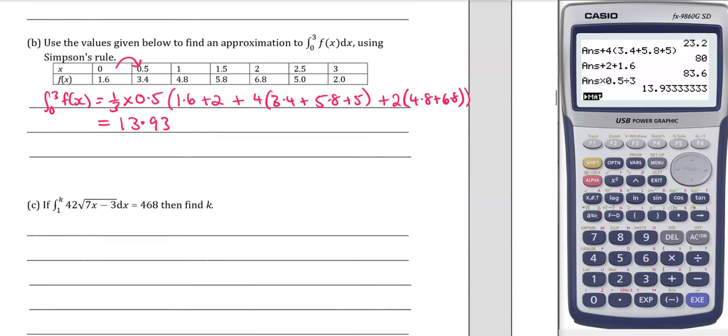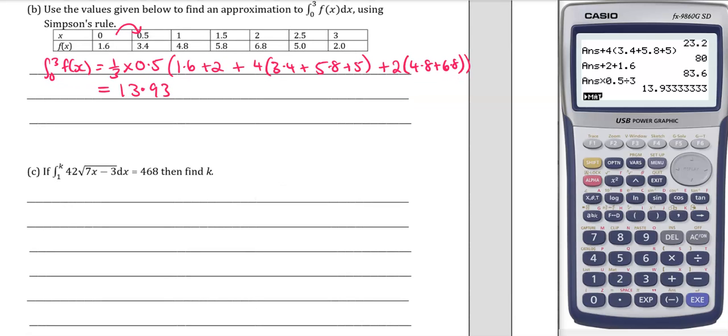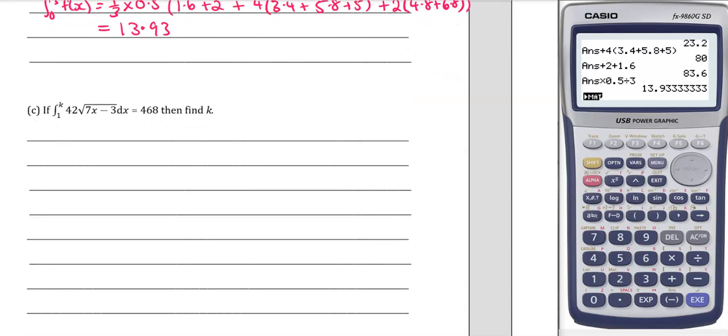For part C, we are integrating between 1 and k for 42 times 7x minus 3 to the power of a half. Okay, so this is reverse chain rule.